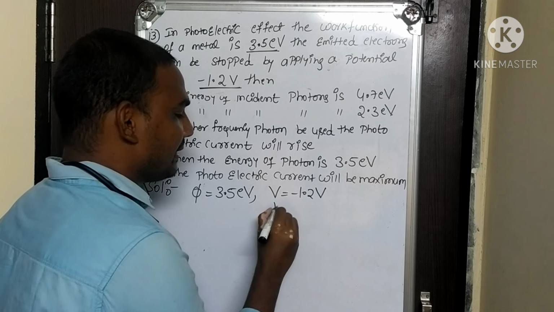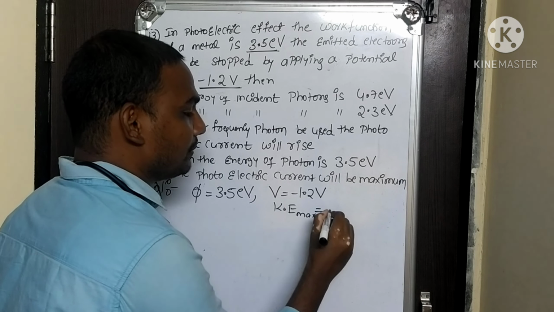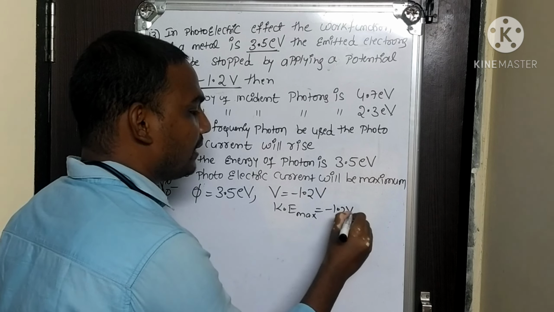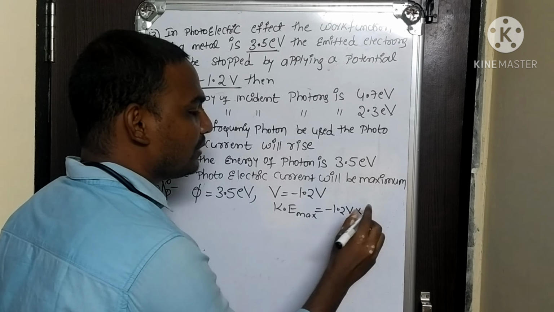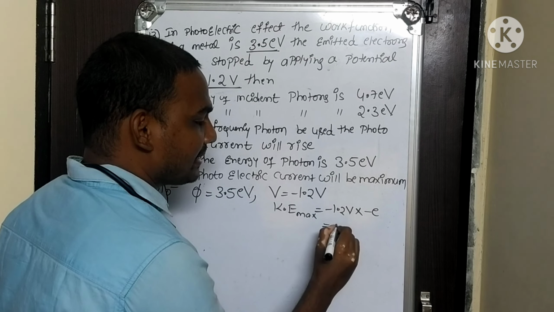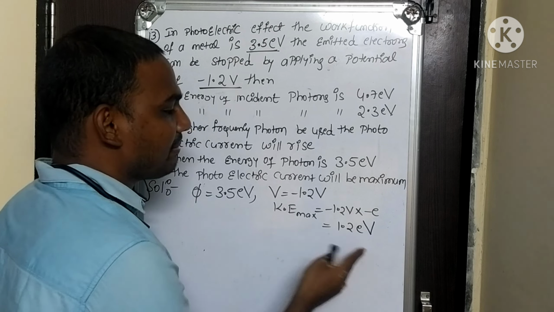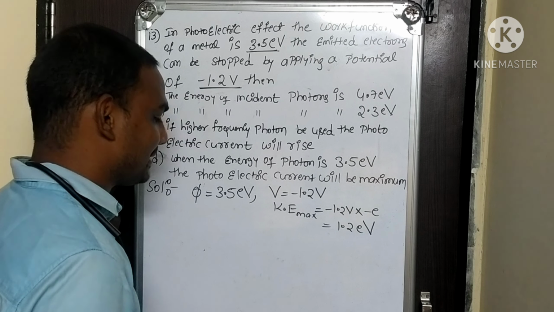That means maximum kinetic energy is equal to minus 1.2 volt times minus e, which is plus 1.2 electron volt. This is the maximum kinetic energy gained by the electrons.